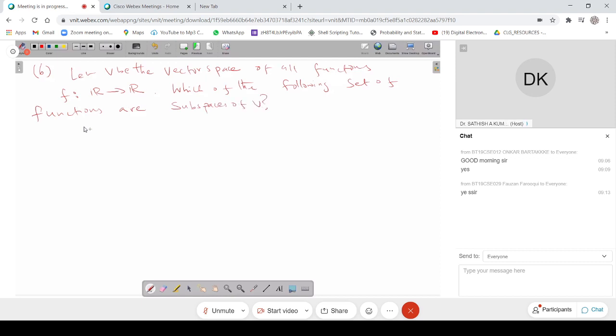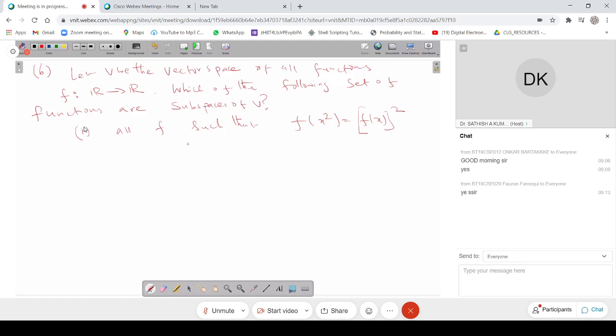Again, we will give something like that. Earlier, it will satisfy certain conditions, so we have to see, based on these conditions, whether that forms a subspace or not. All f such that f of x square is equal to f of x the whole square.